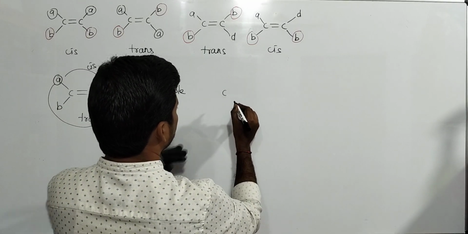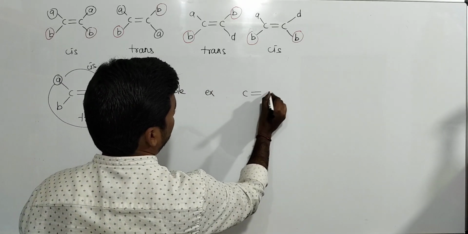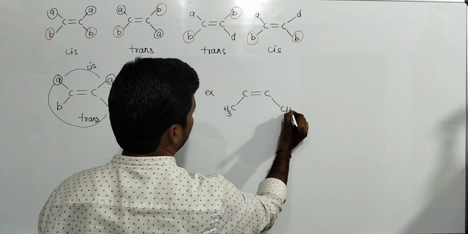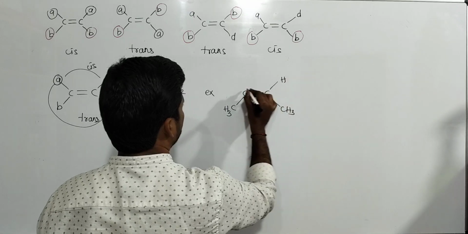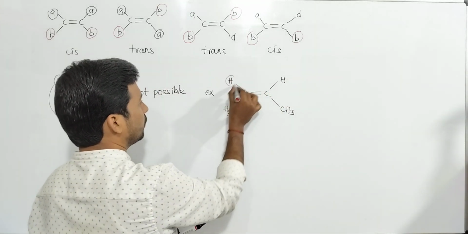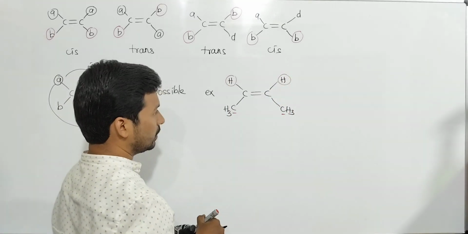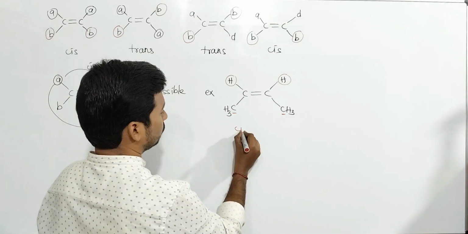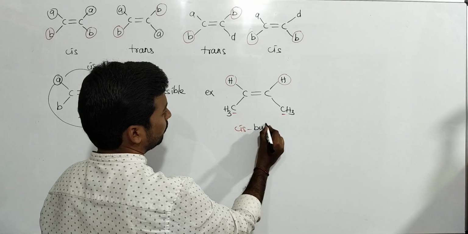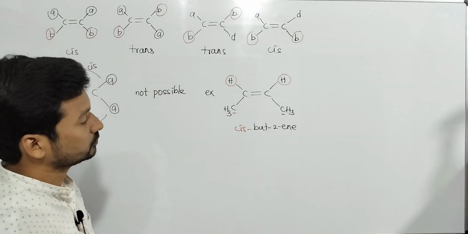If you take the example, carbon-carbon double bond, here we have a methyl group, here we have a methyl group, hydrogen here, hydrogen here. With respect to hydrogen, two hydrogens are on the same side, or two methyl groups on the same side. So this is cis-butadiene. Okay.